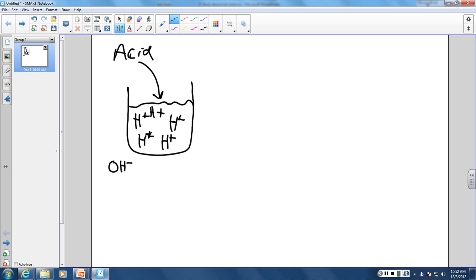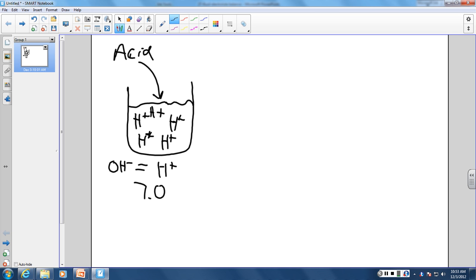With blood, it's going to be slightly basic. But whenever hydroxide ions equal hydrogen ions, that's when the pH is 7.0. So that's neutral pH. So anytime you have an overabundant number of hydrogen ions, you have a situation where your blood is too what?